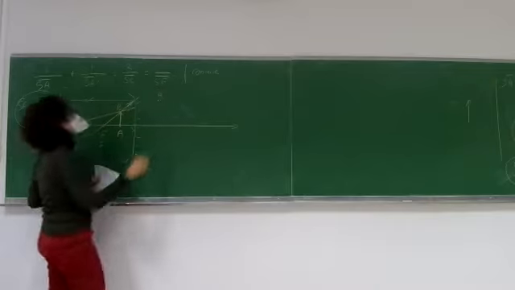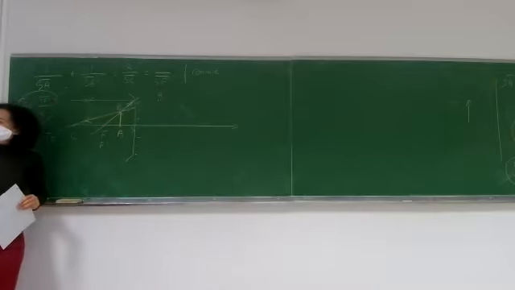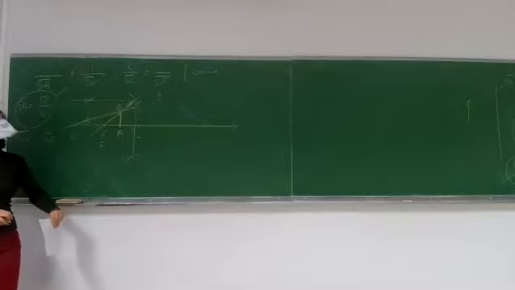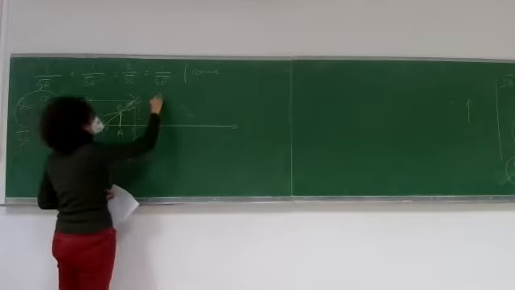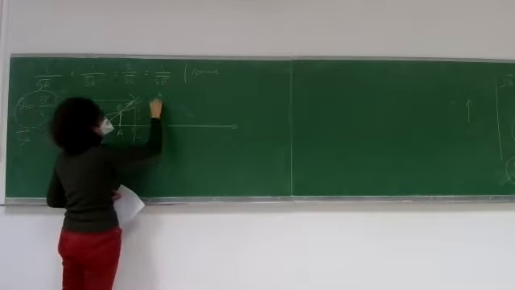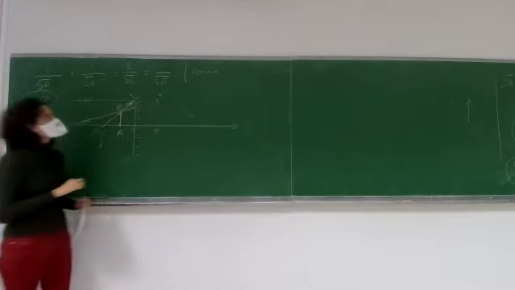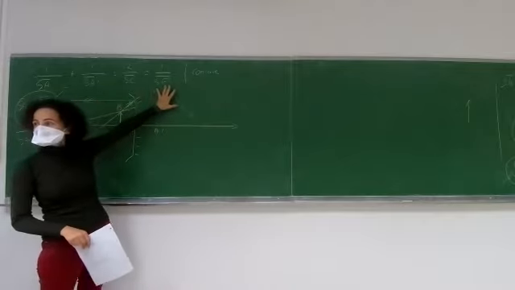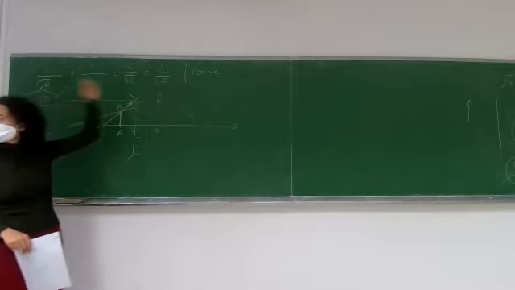Where is the B prime? Above A. Above A. So you get B prime there. Those are real rays. Everything here is virtual, so use a dotted line for that.